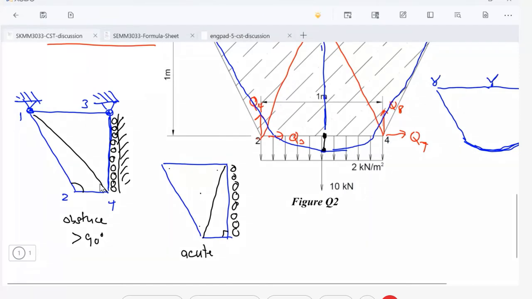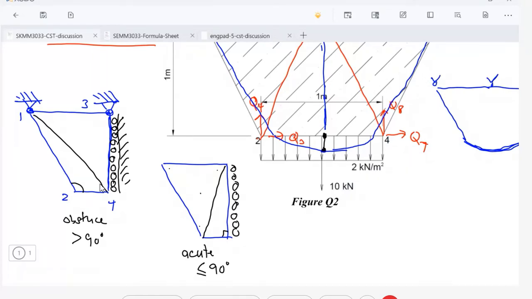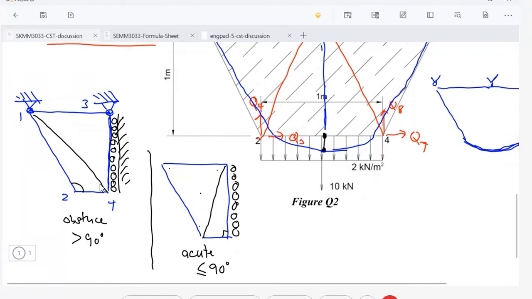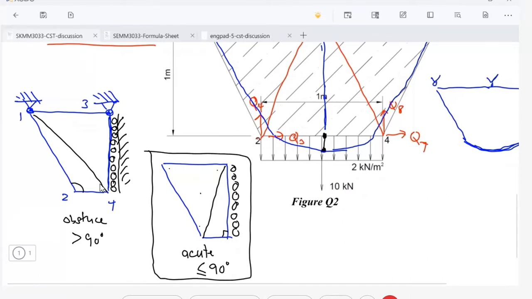Acute is just a fancy word for less than 90 degrees, or equal to 90 degrees. So this is what is meant by acute and obtuse angle. We are going to use the one with the acute angle. All right, so this is how we choose.